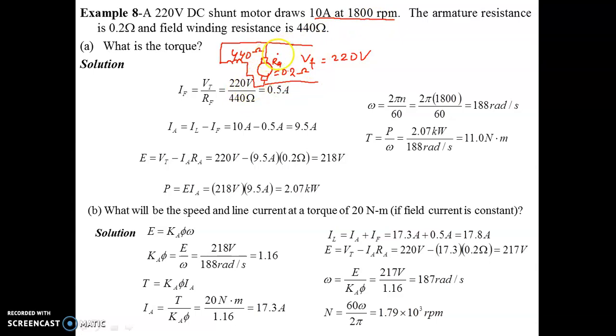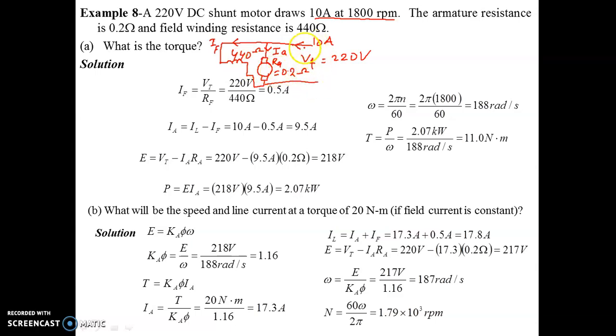Now the shunt motor takes from the main source a current of 10 ampere coming here. Some current will go here, IF, which is called the field current, and the remaining current is called the armature current, which equals 10 ampere minus the field current. Now the field current can be found very easily.